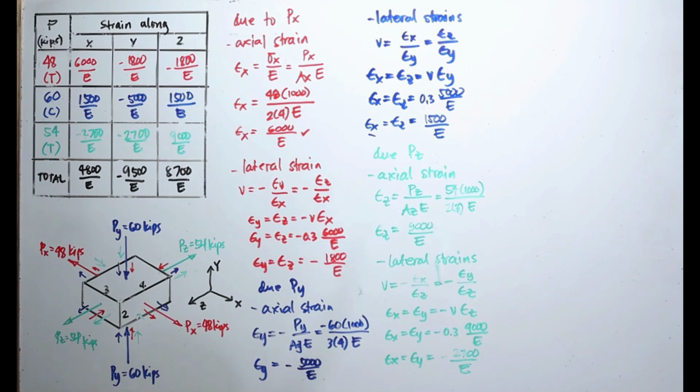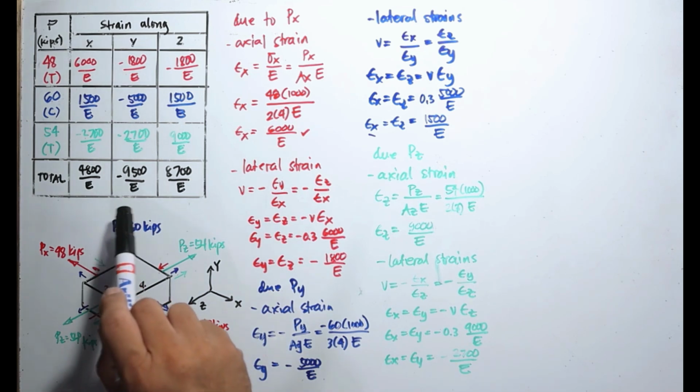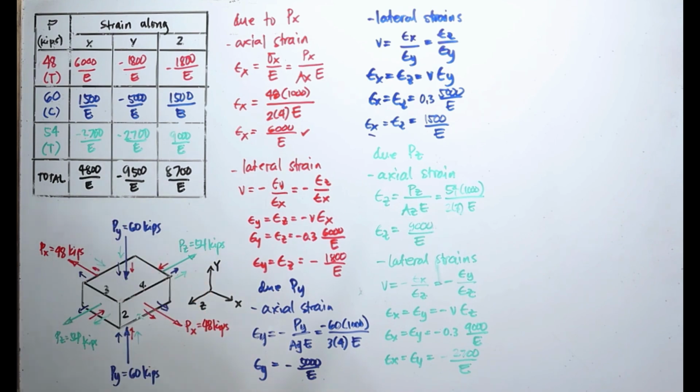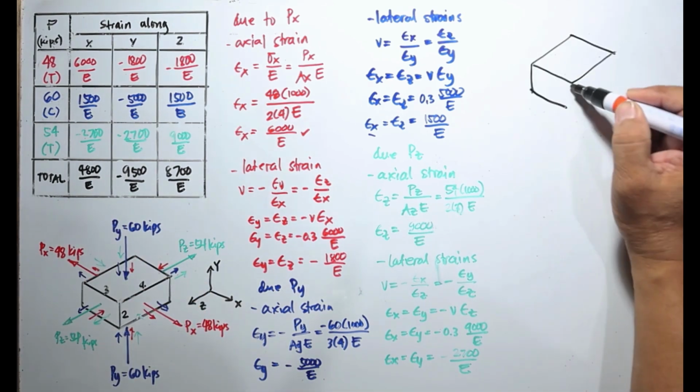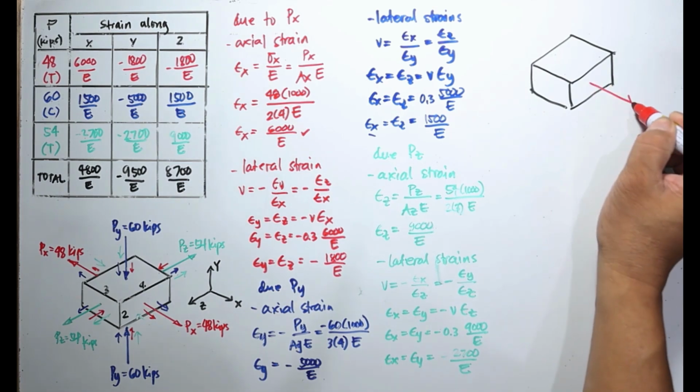Let's go back to what is required in the problem. It says here to determine the single uniformly distributed load in the x direction that would produce the same deformation in the y direction as the original loading. From the original loading, the total for y is this one, negative 9,500. Now we have a new loading along x.